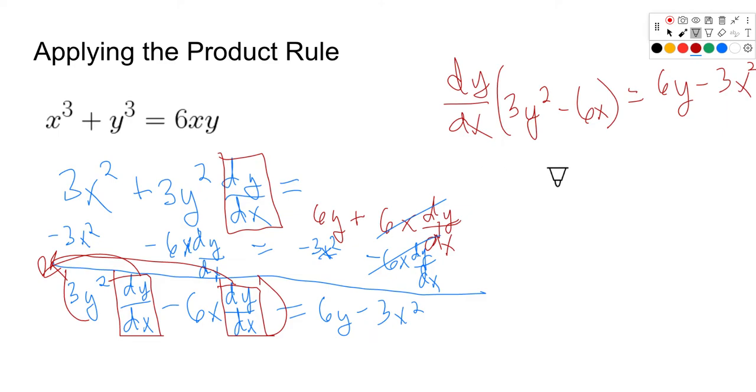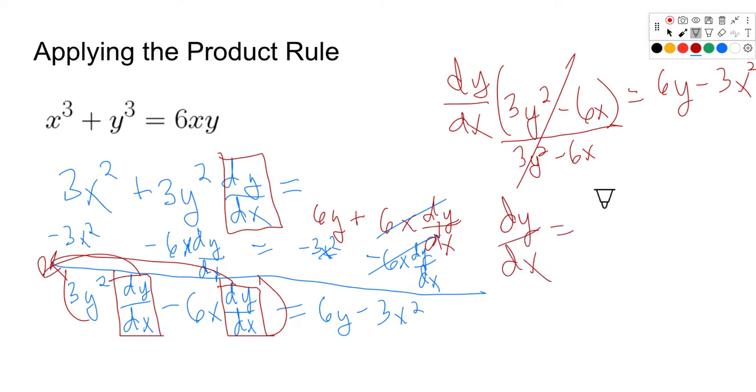And then we just divide both sides by all this stuff over here, this 3y squared minus 6x, right, to get that to cancel out. And so I'll just write the final answer. We get dy/dx equals 6y minus 3x squared over 3y squared minus 6x.